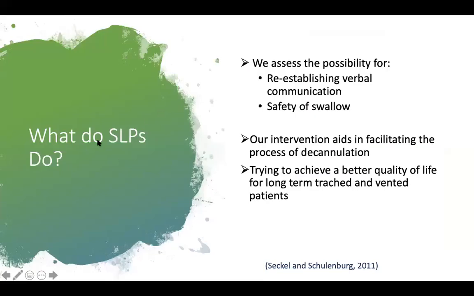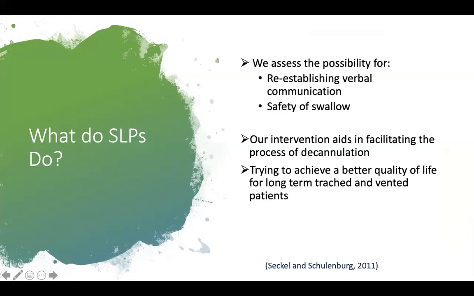Okay, so let's talk about the role of SLPs. Our role is to reestablish verbal communication once a patient is on a trach or a ventilator, and to assess safety of swallow and rehabilitate swallow, and start this patient on oral feeding as fast as possible.